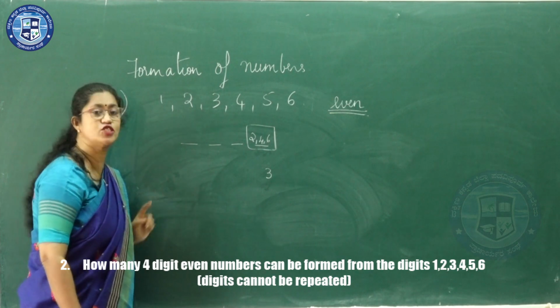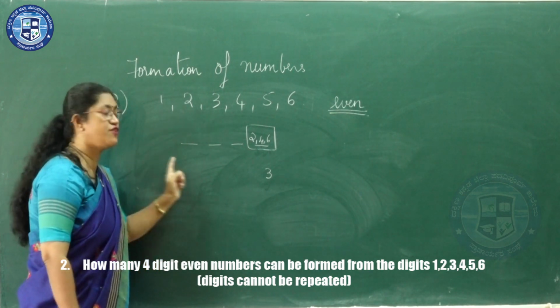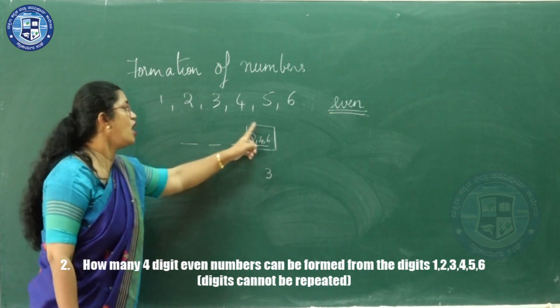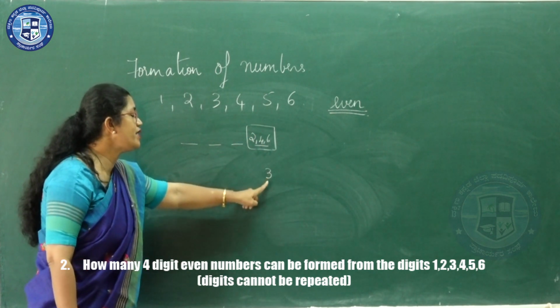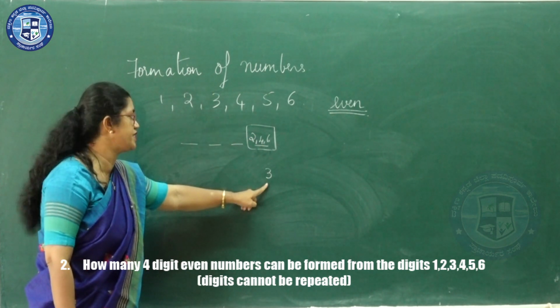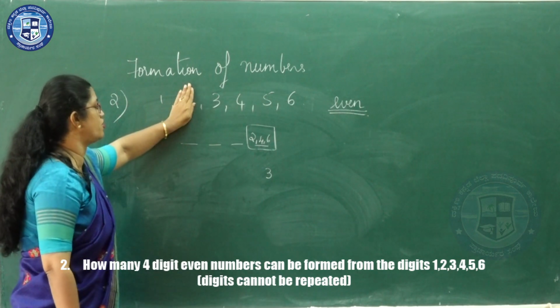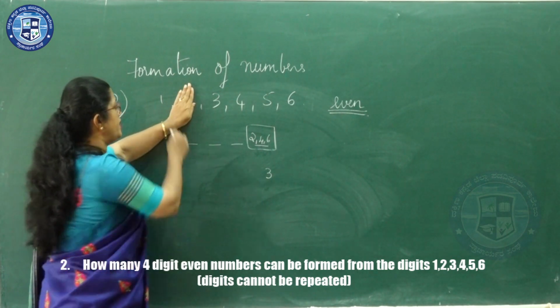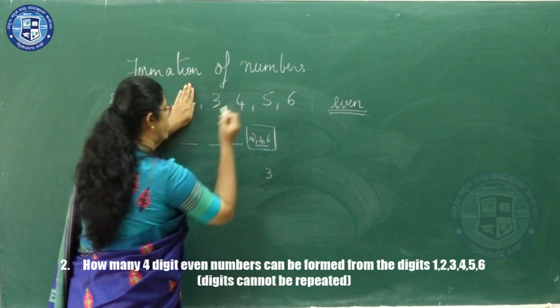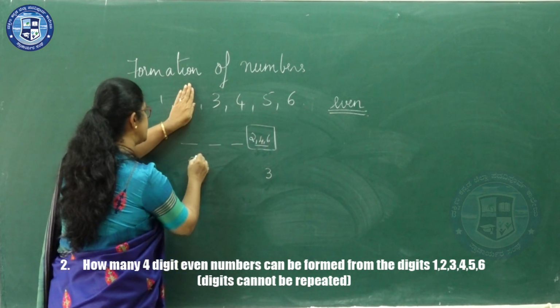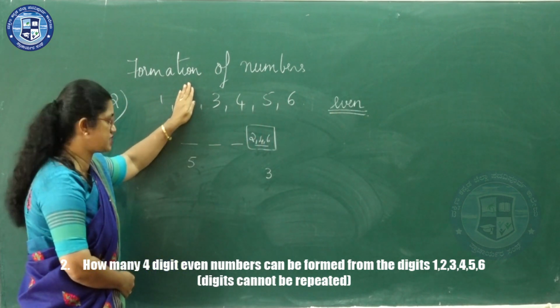The other places do not have restriction, so I can fill them in any order. Out of the 3 numbers, 1 number is gone for this place. Let us say 2 is gone. Now how many are remaining? 1, 2, 3, 4 and 5. So this place can be filled in 5 ways.